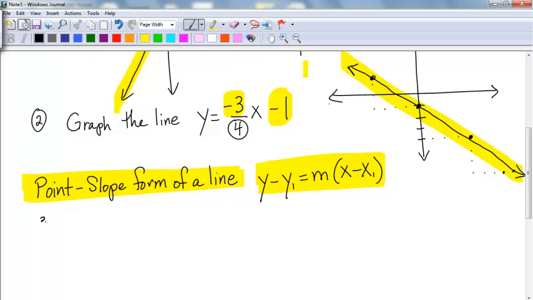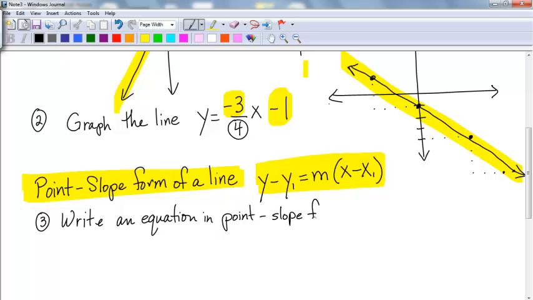Okay, now they will give you problems like this. In the directions, it will say write an equation in point-slope form of a line whose slope is negative 3/5, and that negative sign can go in the numerator, the denominator, or out front.